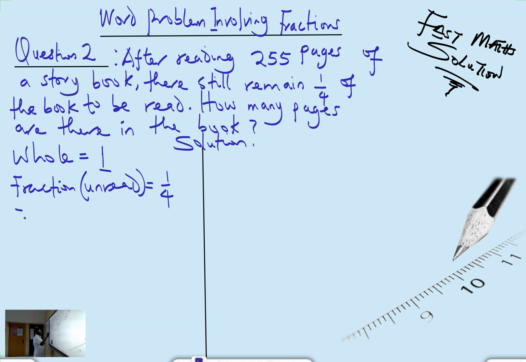You simply take note that the fraction that has been read will be 1 minus 1/4. Subtract that 1/4 from the whole, which gives you 3/4. That means 3/4 has been read. And they told us after reading 255 pages of the book. So that means this 3/4 is the 255 pages that has been read.